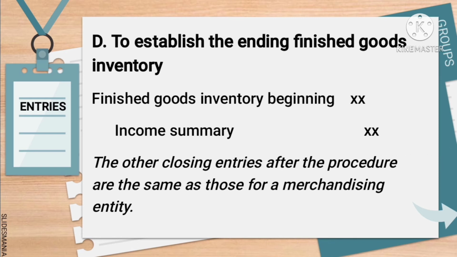Debit, finished good inventory ending, credit, income summary. The other closing entries after this procedure are the same as those for a merchandising entity. So, lahat ng manufacturing accounts ay na-close na. Kaya pwede na tayo mag-proceed sa Statement of Cost of Goods Manufactured.